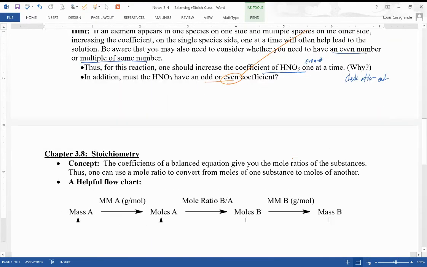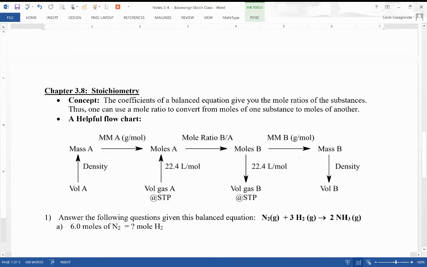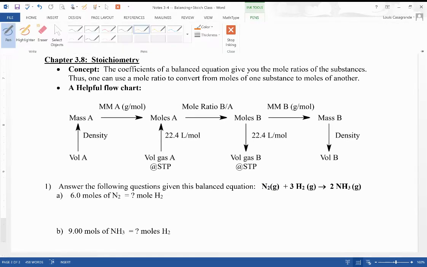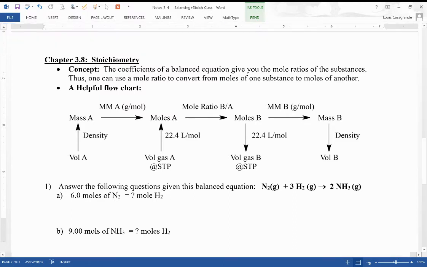So let's then turn our attention to basic stoichiometry. If you remember, the concept of stoichiometry is that the coefficients of the balanced chemical equation are going to become mole ratios, B over A, where B is what we're looking for, A is what we're given.